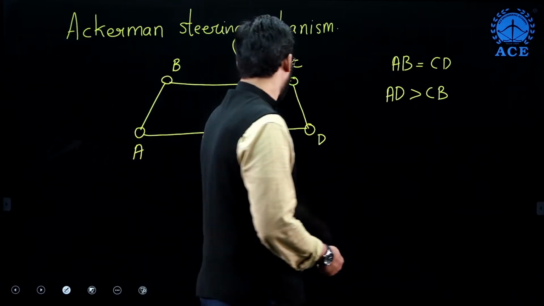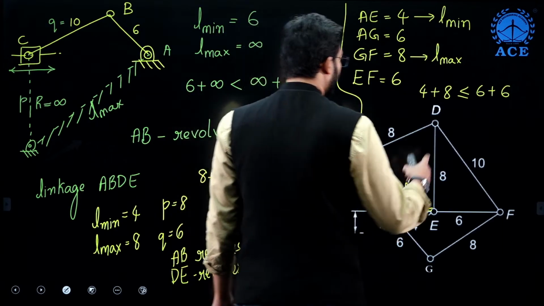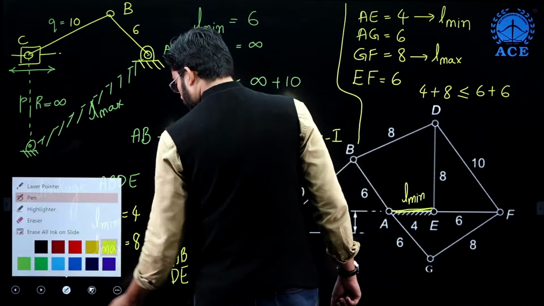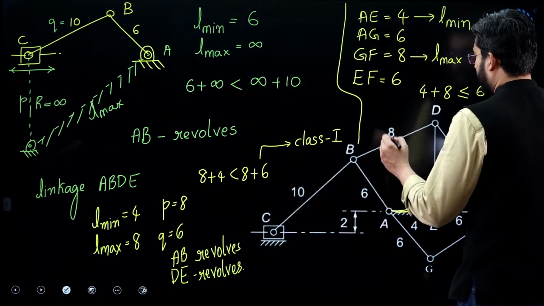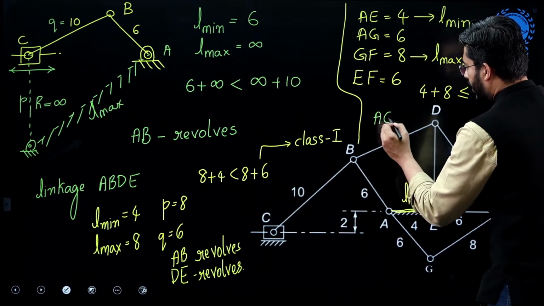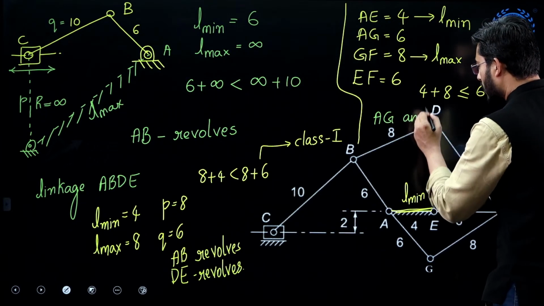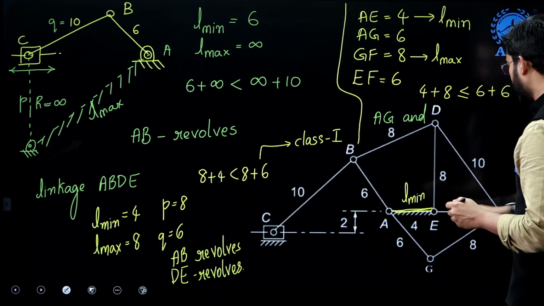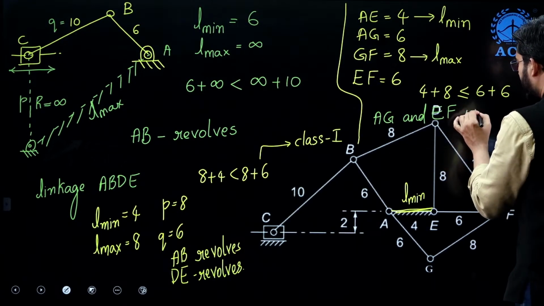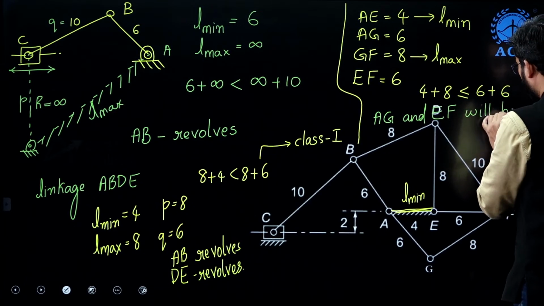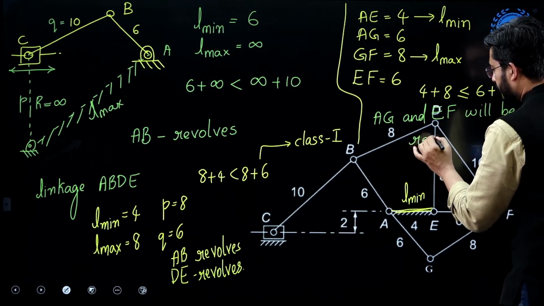So here we can write a conclusion that the links AG and EF will be revolving.